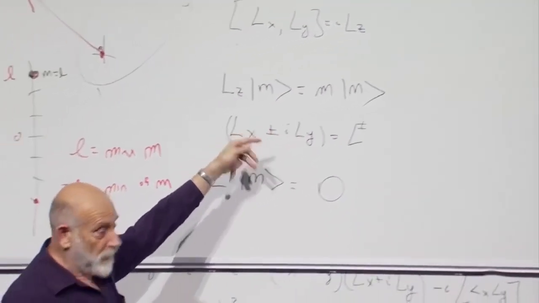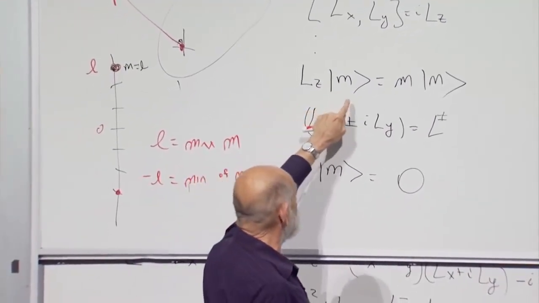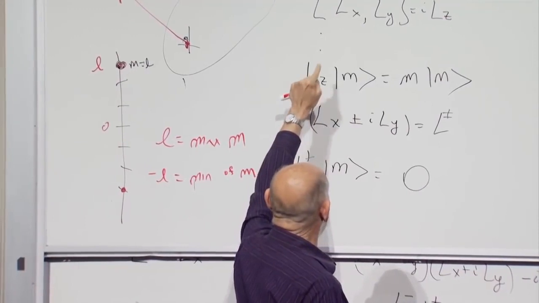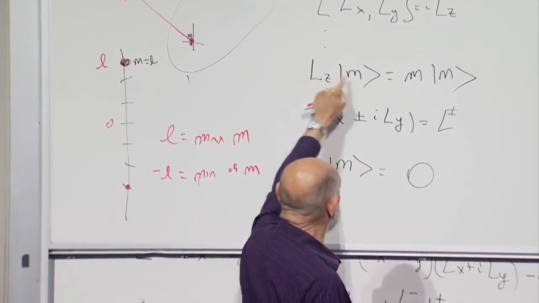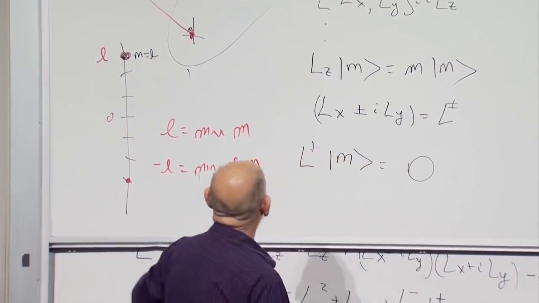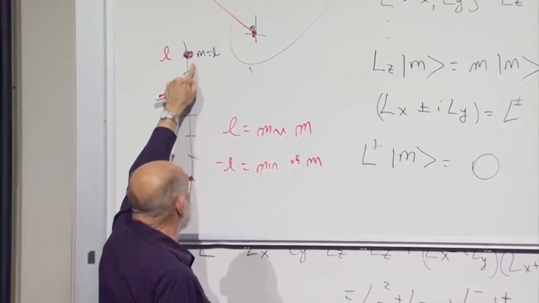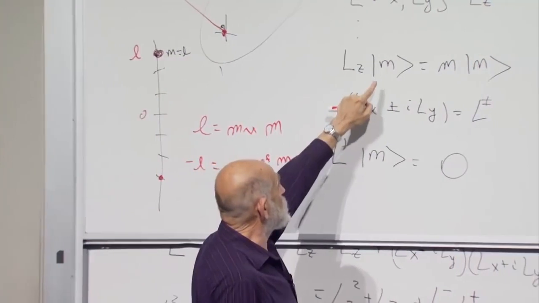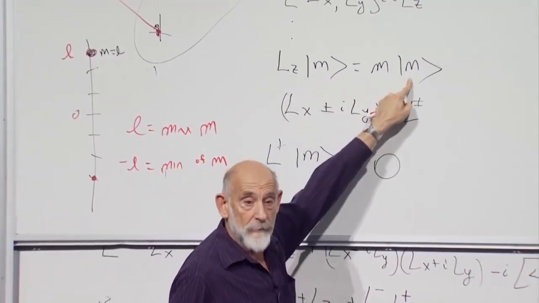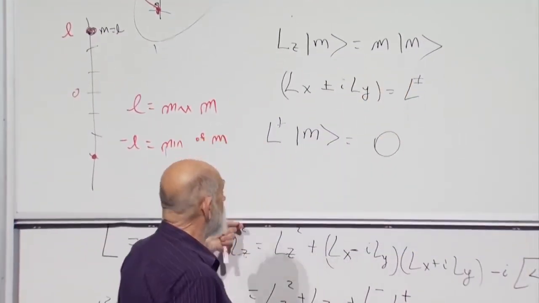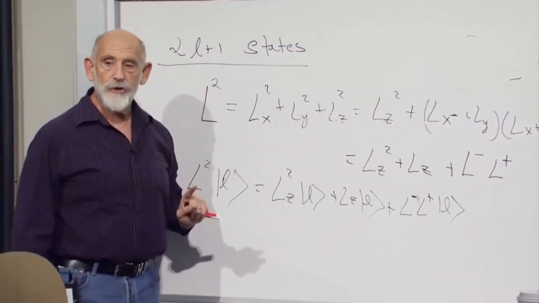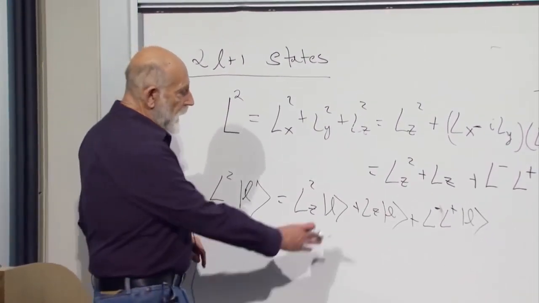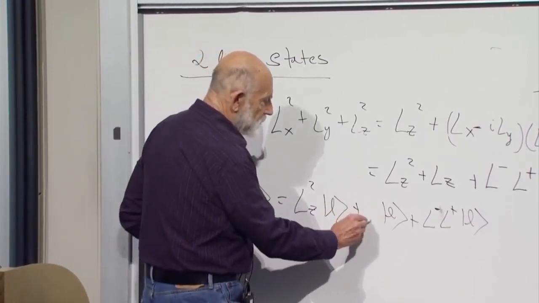Too many letters, I'm sorry for so many letters, but that's just the way it is. The state M was defined to be an eigenvector of Lz. In particular, for the top eigenvector, we substitute L for M. So Lz on L is just the numerical number L on L.